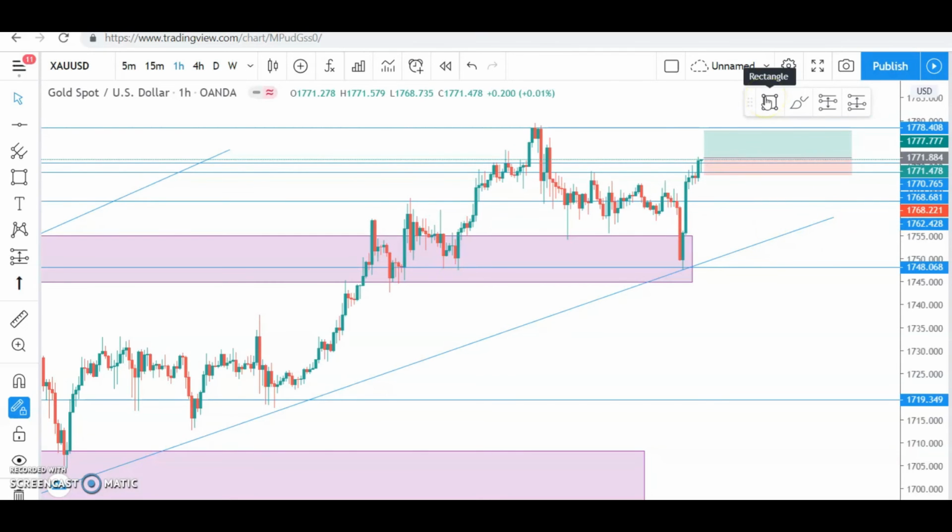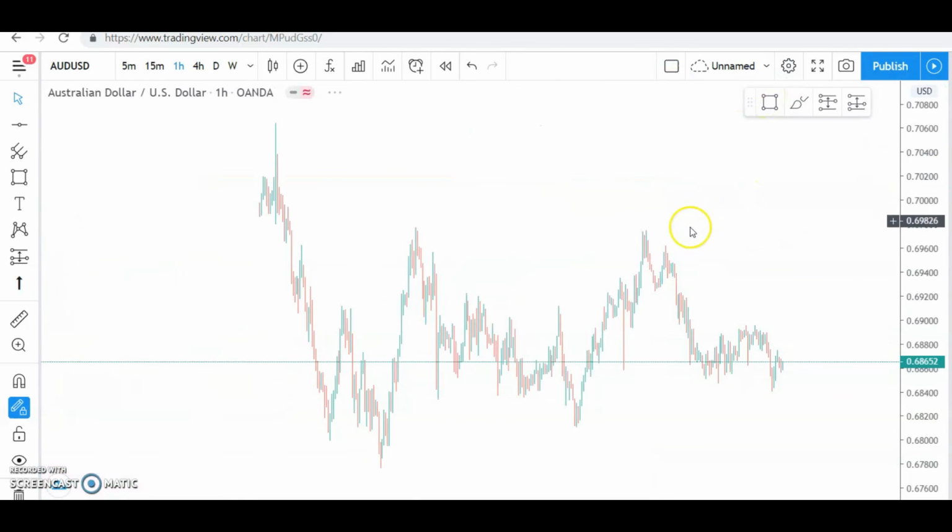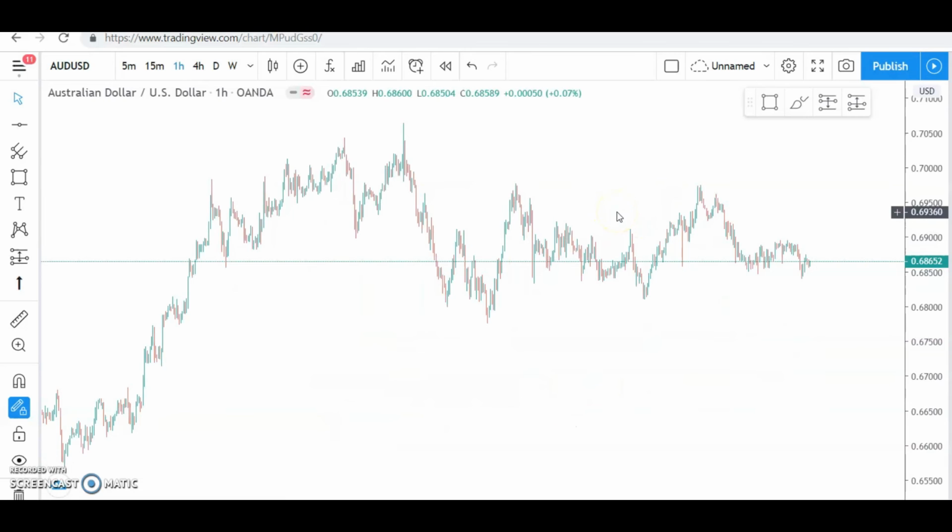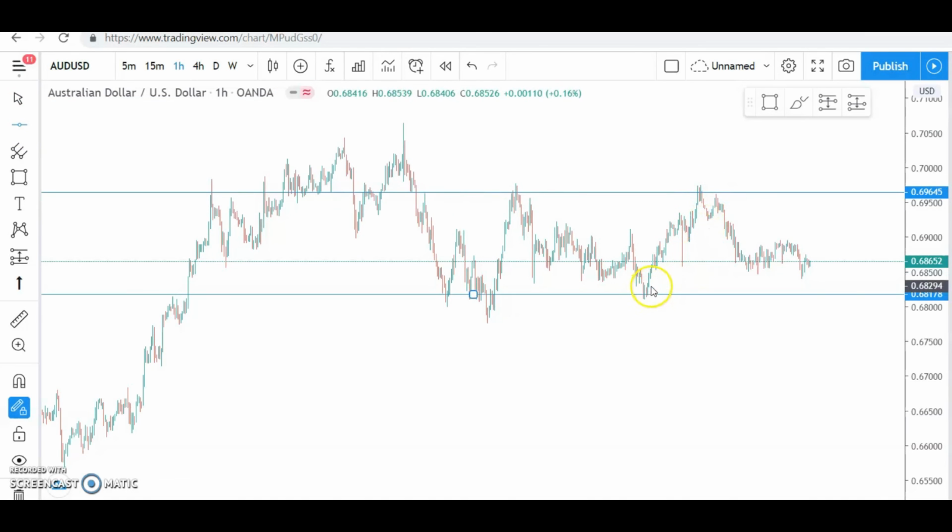And today maybe we have an opportunity to look at another one. Let's just have a general look at AUDUSD. Again, price is moving sideways. The market has no proper direction these days. You can see price has been ranging.